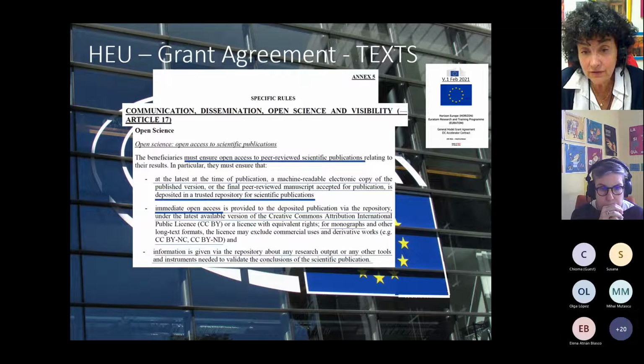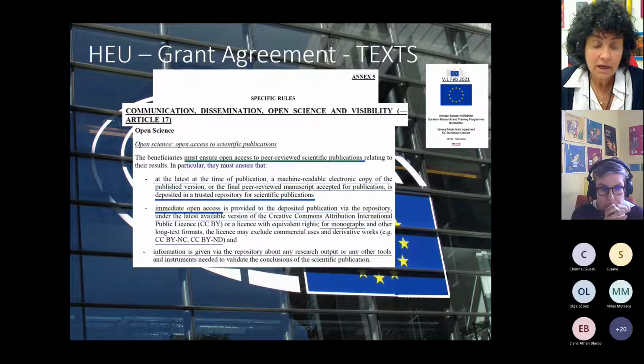Immediate open access is provided to the deposited publication via the repository under the latest available version of the Creative Commons Attribution International Public License, CC BY. For monograph or other long text formats, the license may exclude commercial uses and derivative works.